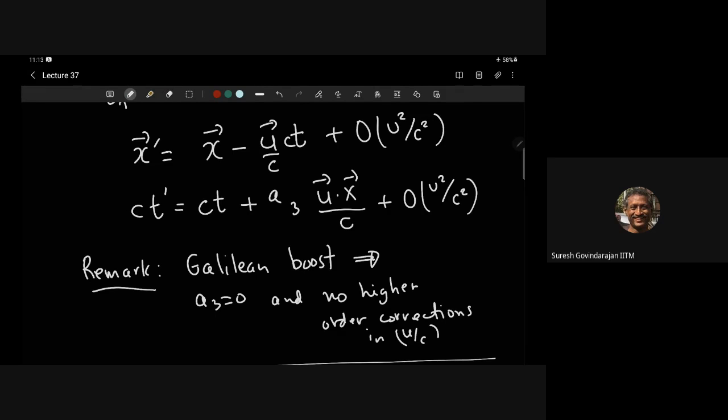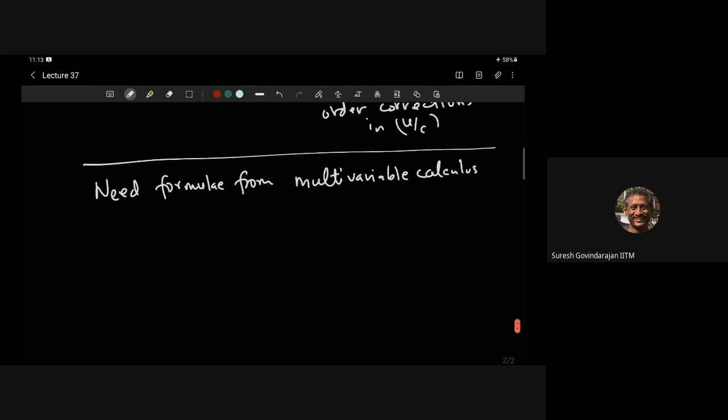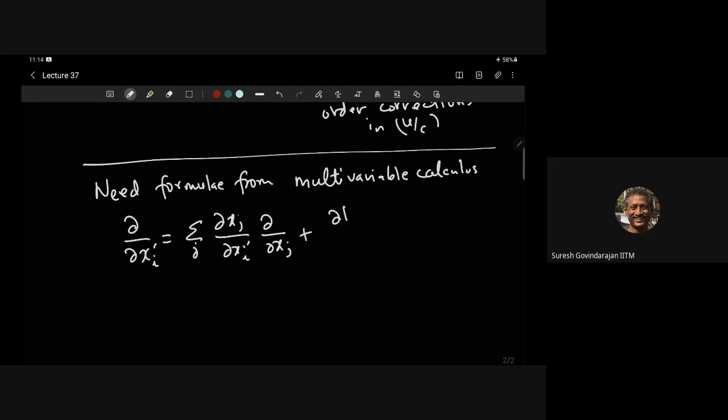That's why I put A. Not that I am very consistent, but okay. So we need a formula like this: d by dx_i prime will be equal to the sum over j of dx_j by dx_i prime times d by dx_j, plus dt by dx_i prime times d by dt.